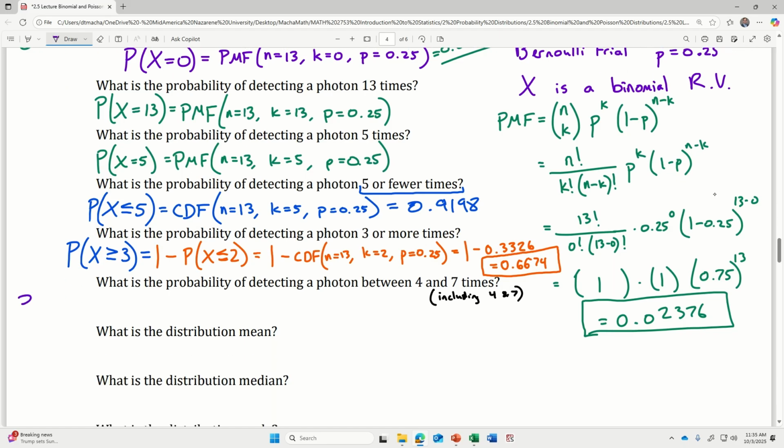So this is talking about the probability that x is between 4 and 7. So it's the probability that 4 is less than or equal to x, and x is less than or equal to 7. And this is the tricky part.